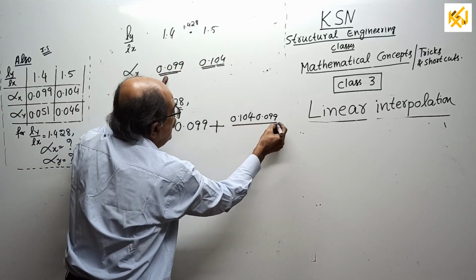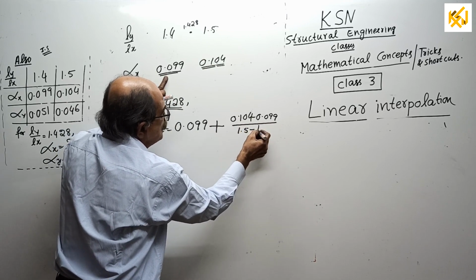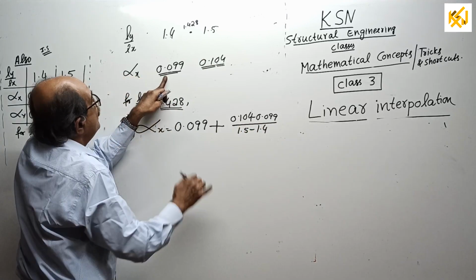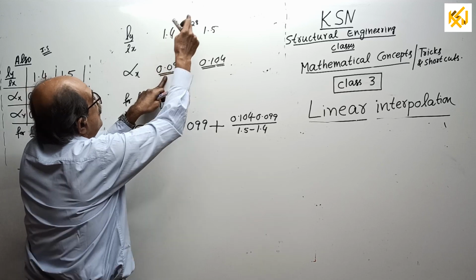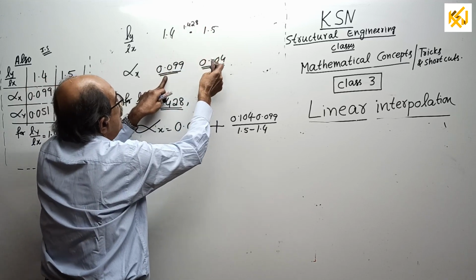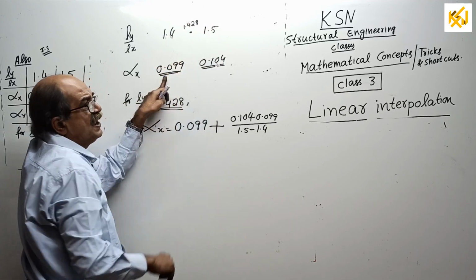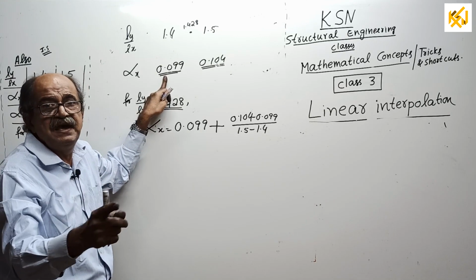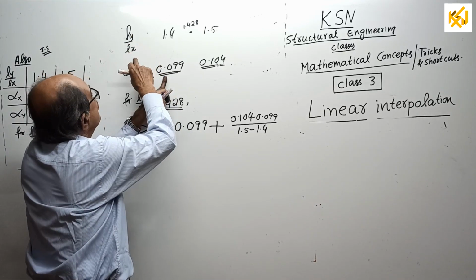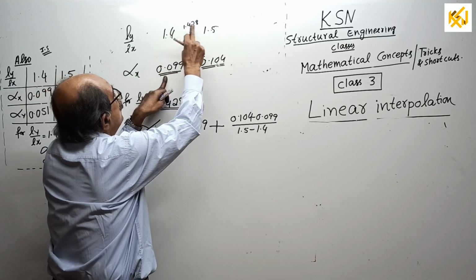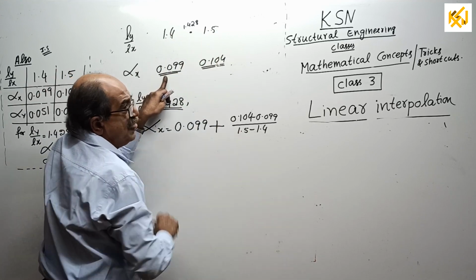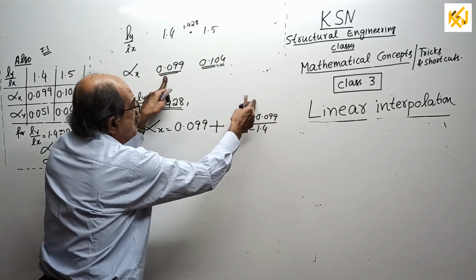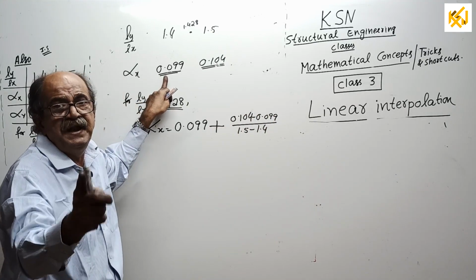So divide by 1.5 minus 1.4. Why? For 1.4 it is this one, for 1.5 that much. So 0.104 minus 0.099 is the total increase when Ly by Lx increases from 1.4 to 1.5, that means by 0.1. This will give how much is the increase per unit length.